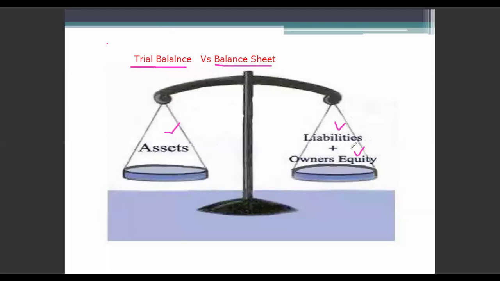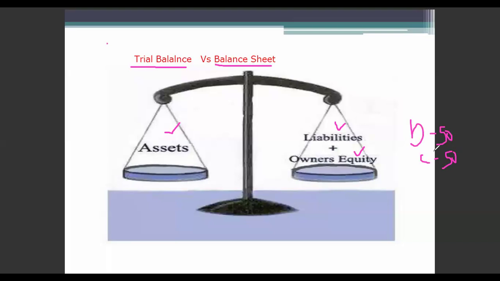So trial balance is a mere statement to record the summary of transactions, where my purpose is to just record a debit and credit and check the balance is matched. For example, if the debit side is 50, then my credit side should match as 50. So this is what I do in trial balance.